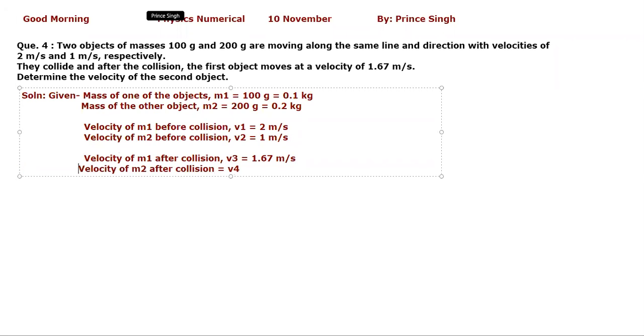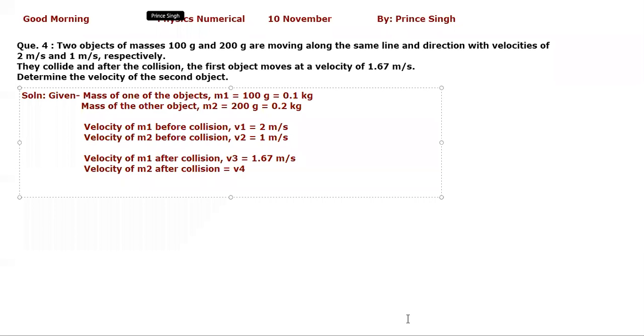Velocity of mass 1 after collision 1.67. Velocity of M2 after collision V4, that means we have to calculate that part. So these are the starting given conditions that we will write while writing the numerical.